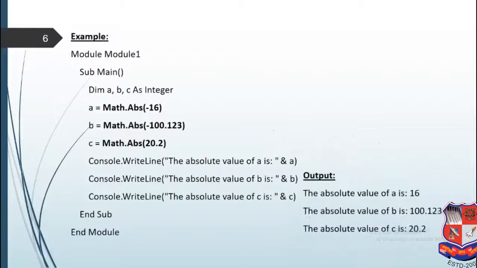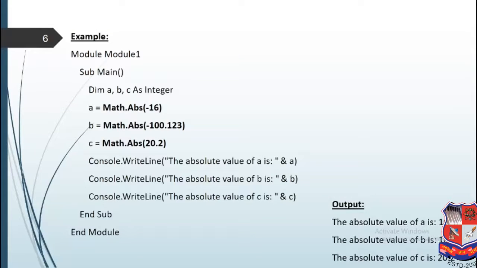The output will be 16, 100.123 and 20.2. So basically it gives the absolute value of any positive or negative number.